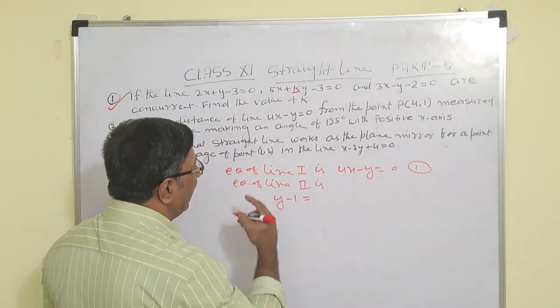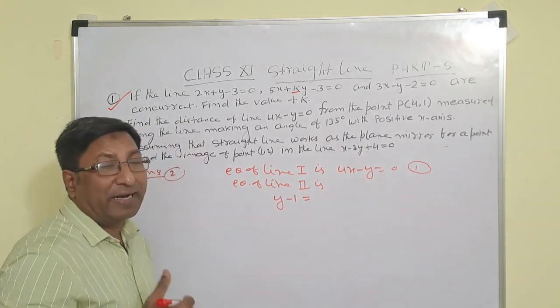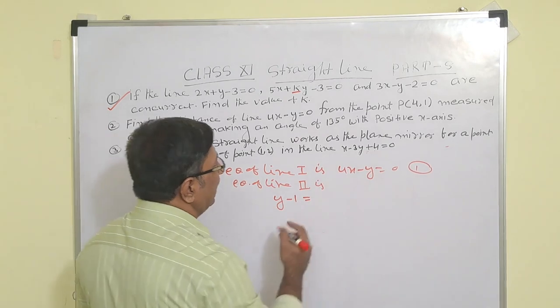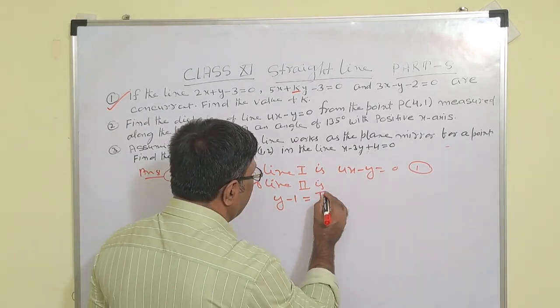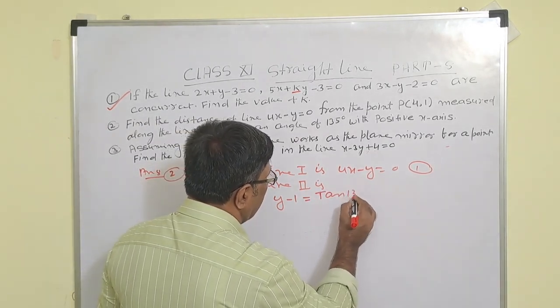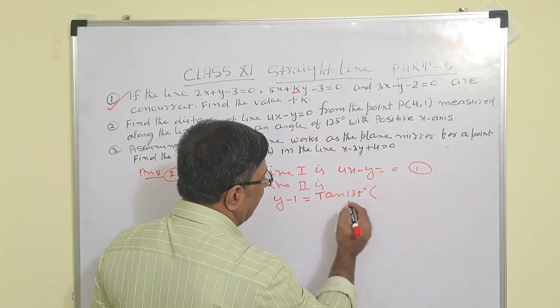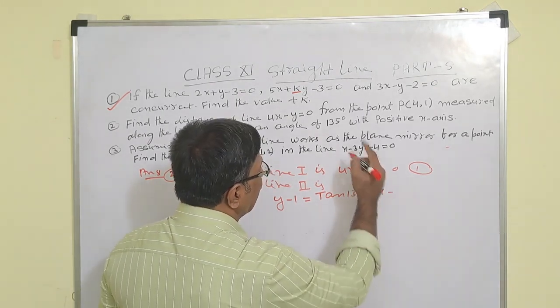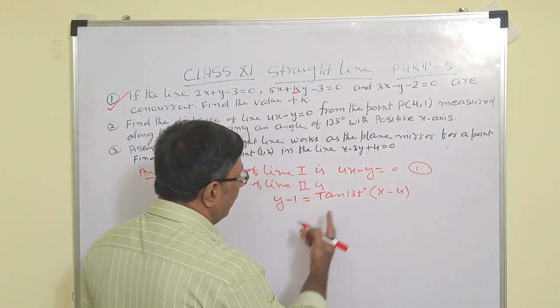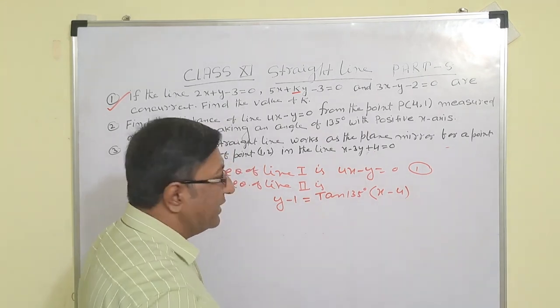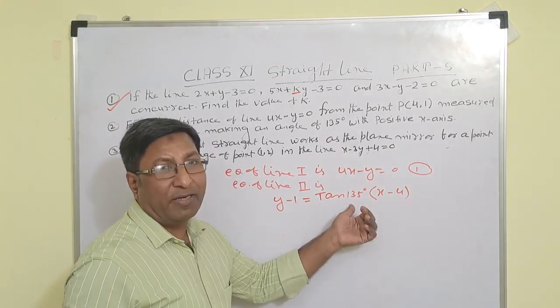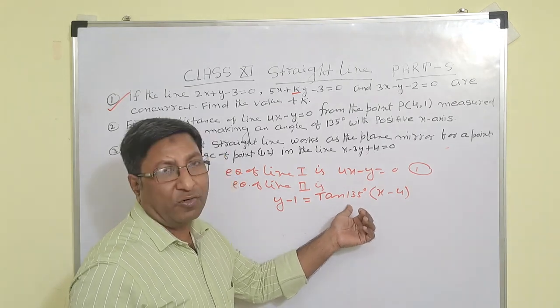So y minus y1 equals m into x minus x1. So m is what? Tan theta. Here theta is given as 135, so this is tan 135 degrees into x minus x1, which is 4. You know tan 135 is what? Minus 1, because tan(90 plus 45) is minus cot 45.